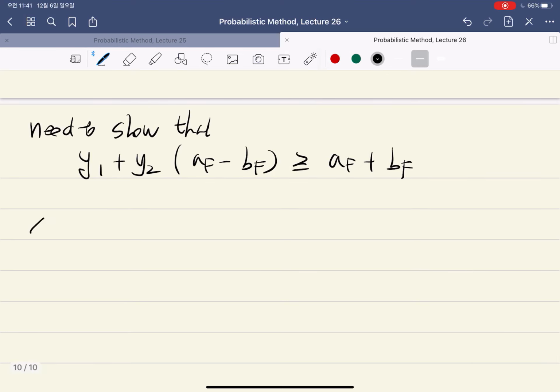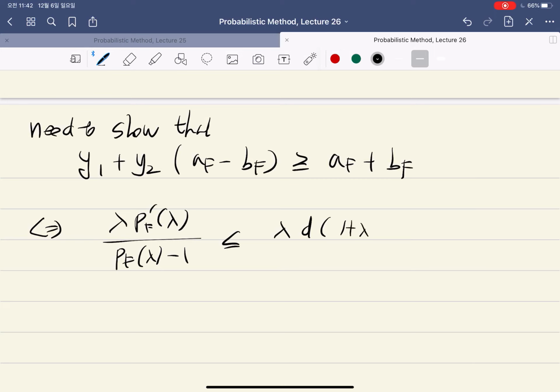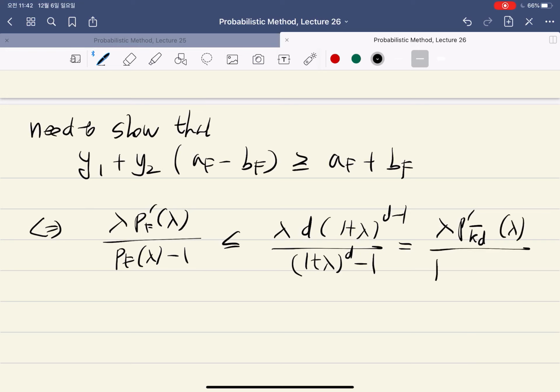Then with some computation, what's this? This is basically, we want to show that this holds. And this is nothing but, if you take an empty graph in the triangle-free case, when the neighborhoods are actually independent sets.